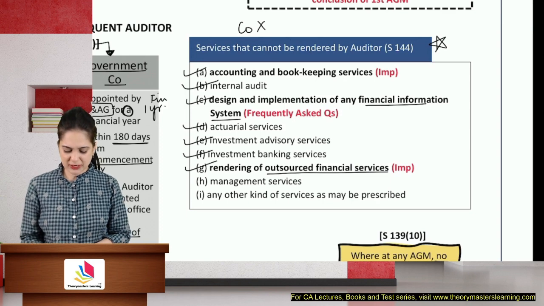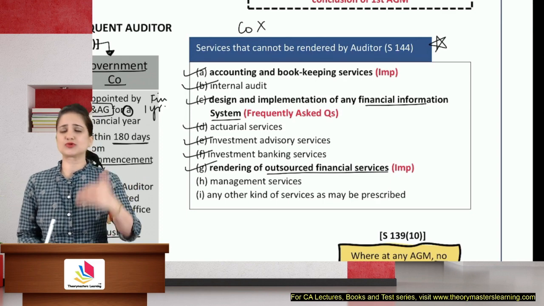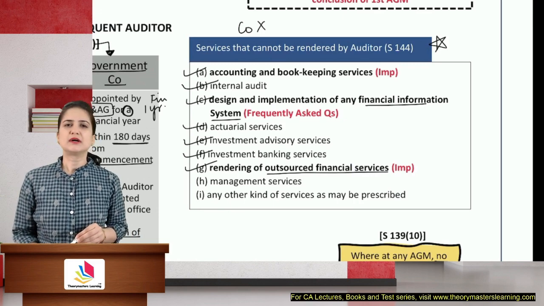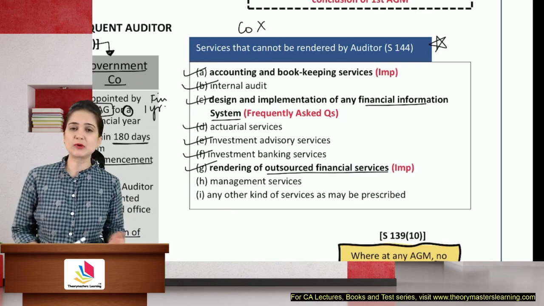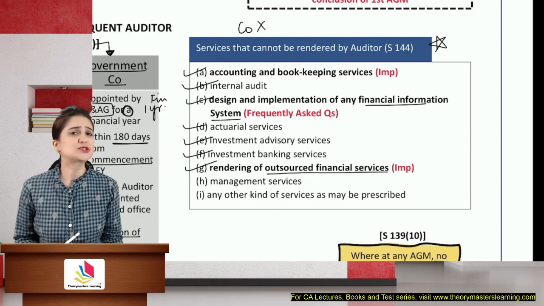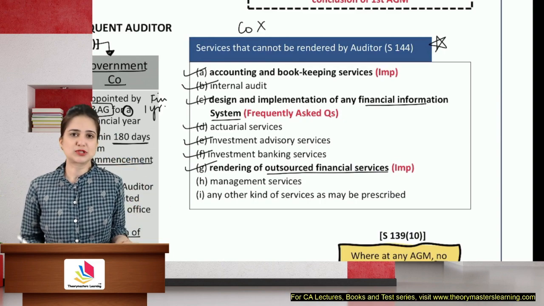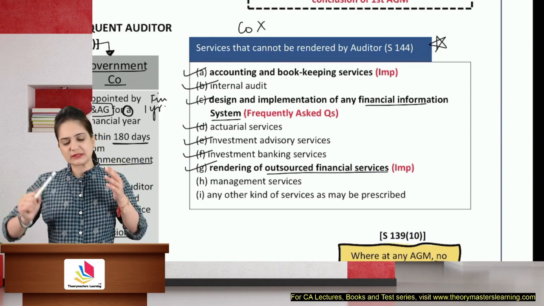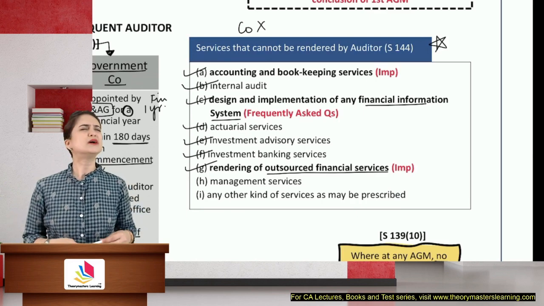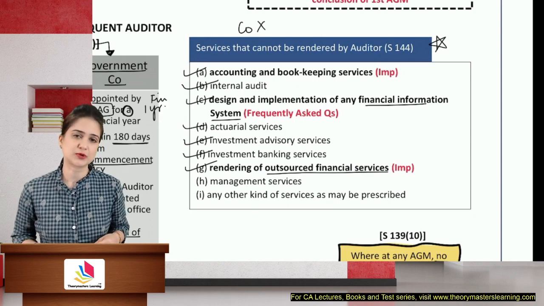For example, the company has outsourced the salary computation to you, or you are providing some knowledge services, a KPO, financial advice to the company. You are computing the salary or taxation of the employees, you are filing their returns. So there you are providing some kind of outsourced financial services to the company. You are not independent enough to be appointed as auditor of the company.